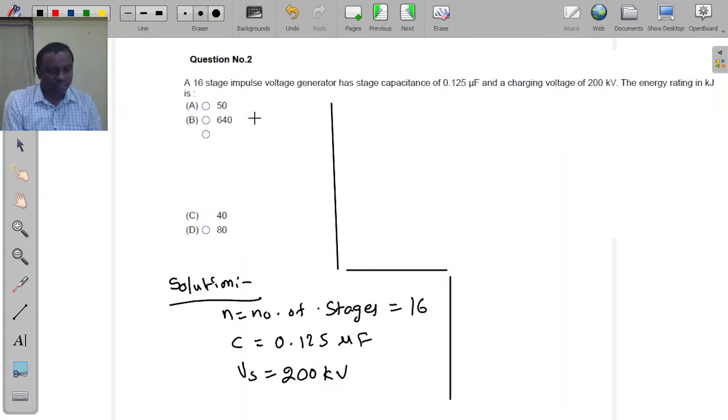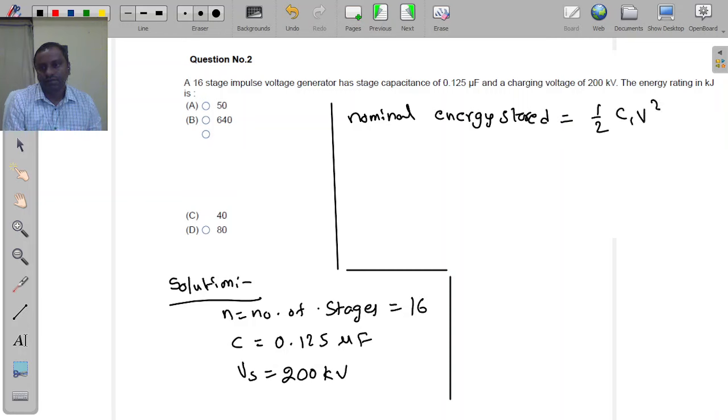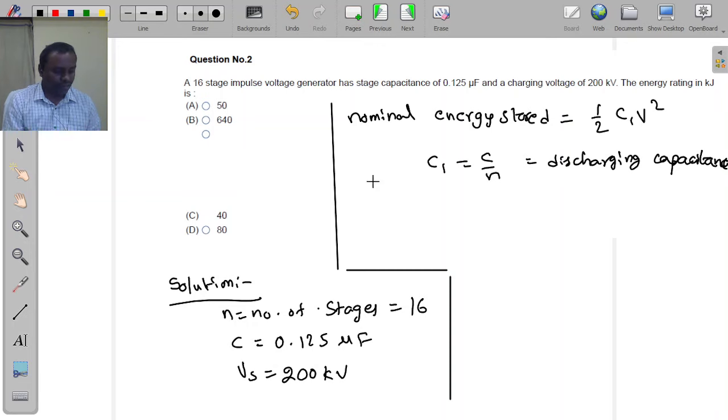Now, nominal energy stored is half of C1 V square, where C1 is C by n, that is the discharging capacitance. V is the nominal maximum voltage.